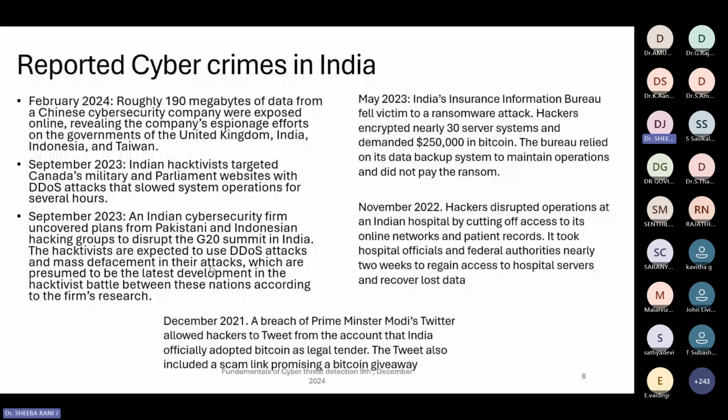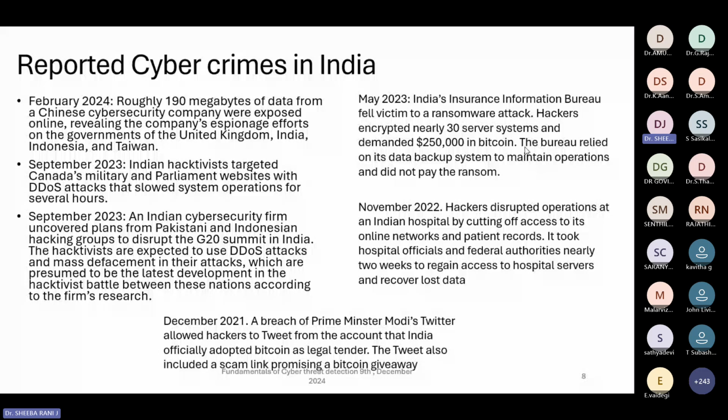Okay. Another one is financial. In May 2023, India's Insurance Information Bureau fell victim to a ransomware attack. Hackers encrypted nearly 30 server systems and demanded $250,000 in Bitcoin. So these are the things which are happening also. This is also a cyber physical system.